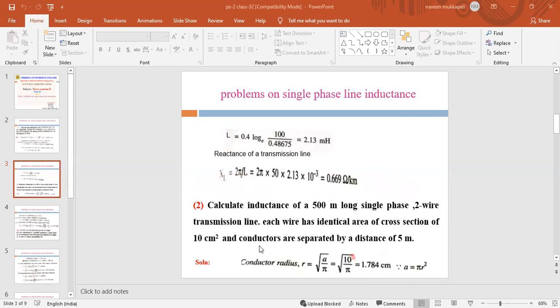The remaining procedure is the same as the previous problem; the only difference is that the area is given instead of the diameter.